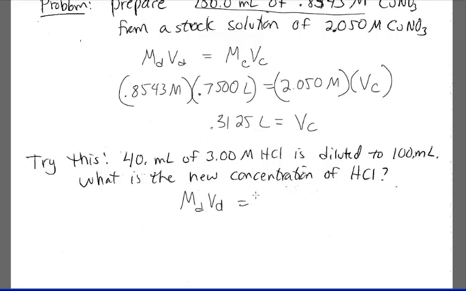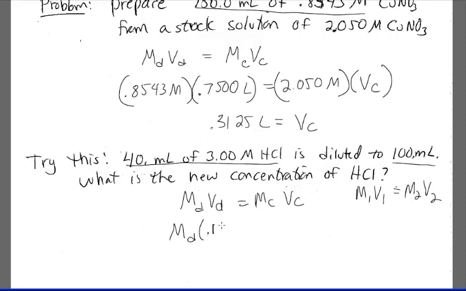Again, MdVd equals McVc. Sometimes people say M1V1 equals M2V2. No difference. The molarity of the dilute solution is the new concentration. We don't know it. That's what we're going to solve for. The volume of the new solution is 100 milliliters because we start with the concentrated solution and we dilute it to this volume.